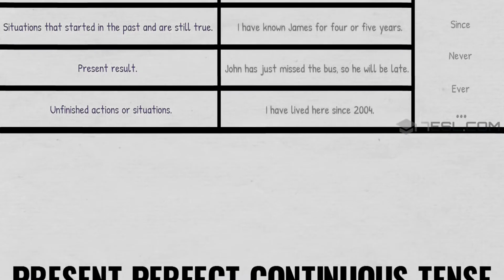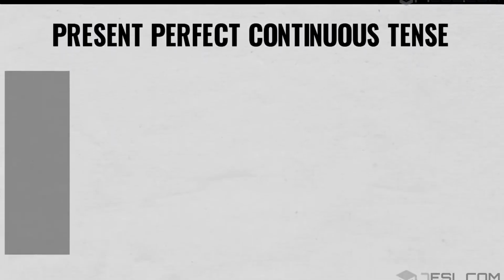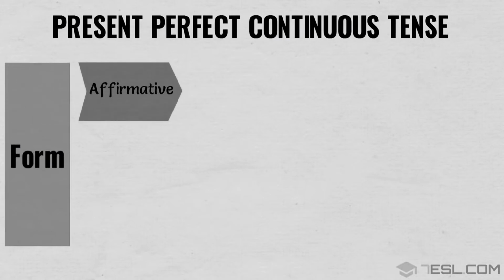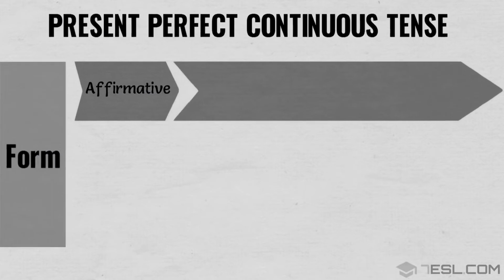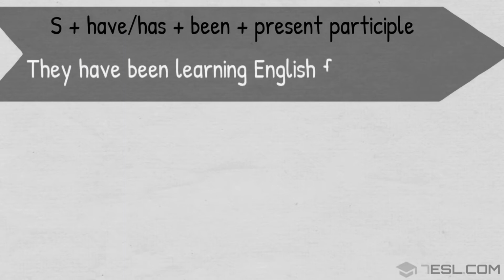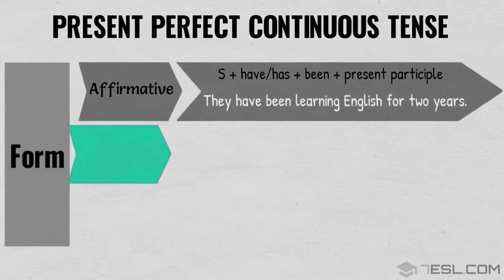Present perfect continuous tense. Form. Affirmative. Subject plus have or has plus been plus present participle. They have been learning English for 2 years. Negative.